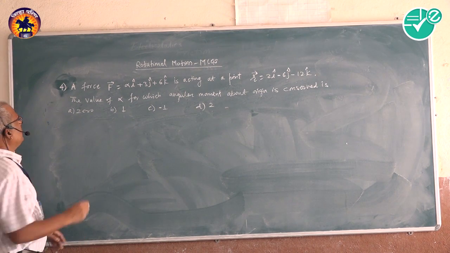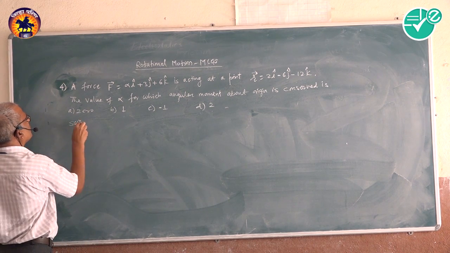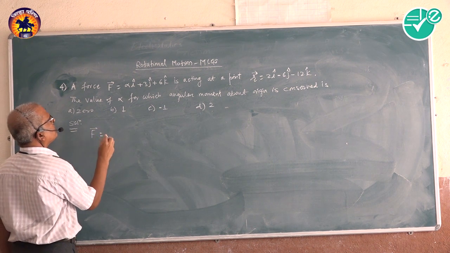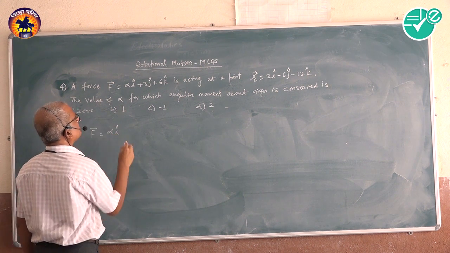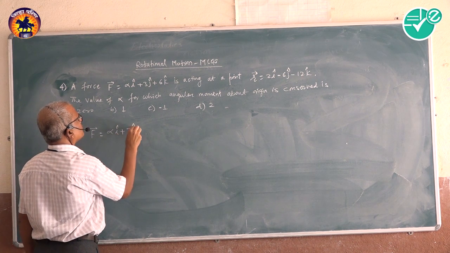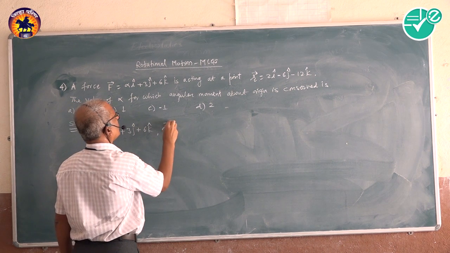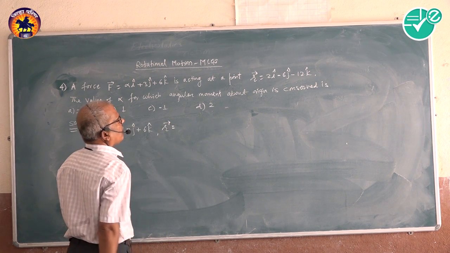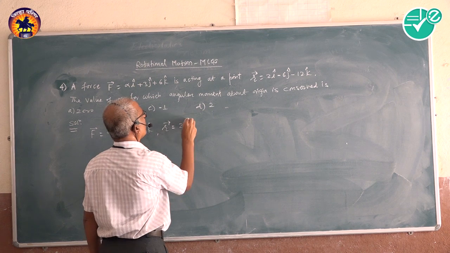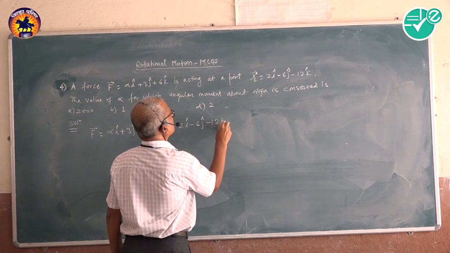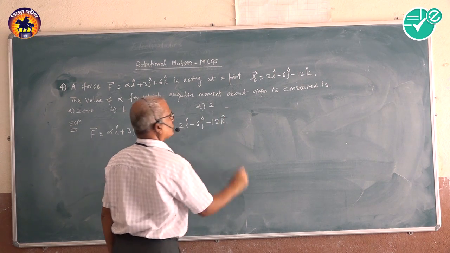Now again the same procedure, solution. First write the given data: vector F is equal to alpha i plus 3j plus 6k, vector R is equal to 2i minus 6j minus 12k.